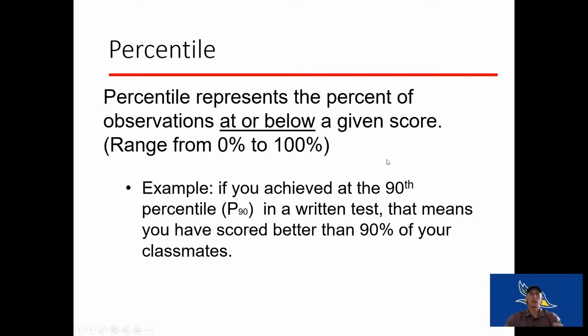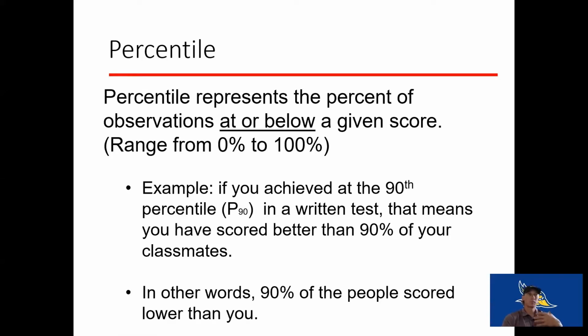So 90th percentile means that 90% were below that value. 100th percentile would be the very top. 50th percentile is the very middle, so 50% scored above and 50% scored below that individual score. So with the 90th percentile, you scored better than 90% of the individuals in that group.